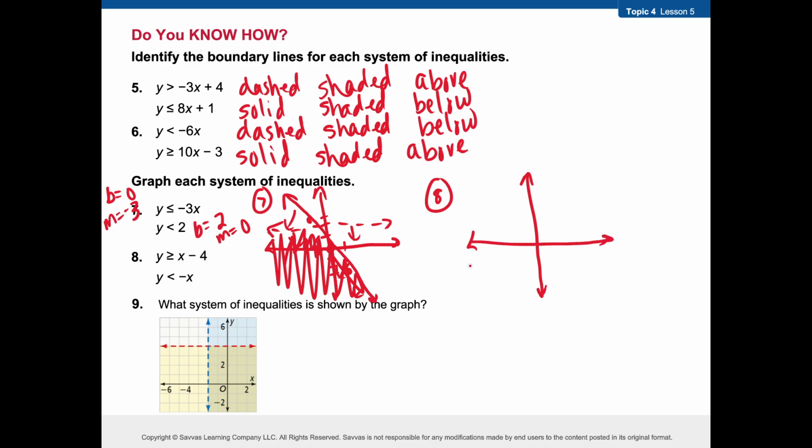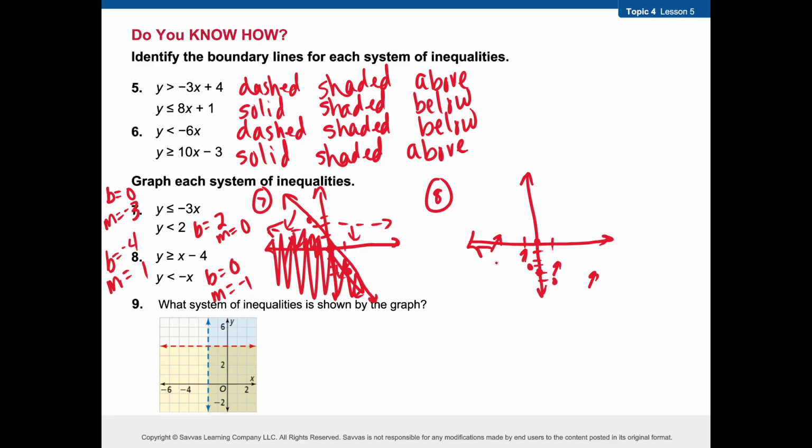Number 8. My y-intercept here is -4. My slope is a -1. This one is a solid line. Things greater than are shaded above. This one, my y-intercept is 0. My slope is a -1. Oh, oops.